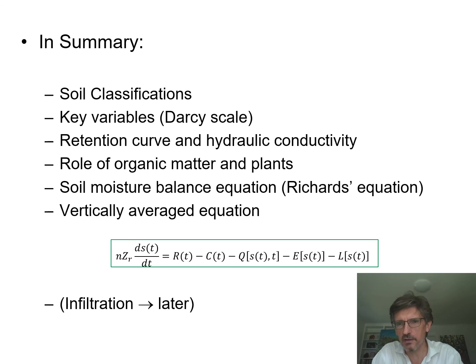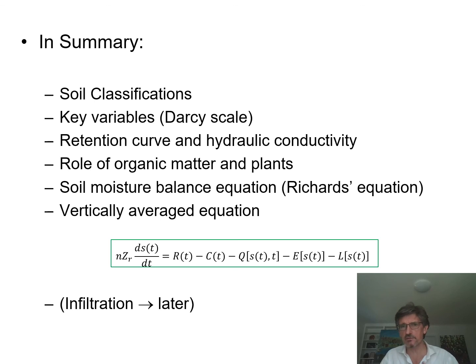And we have seen the two main curves that define the hydraulic behavior of the unsaturated soil: the retention curve, linking the soil matric potential and the volumetric water content, and the unsaturated hydraulic conductivity, that tells us how fast the water moves through the soil as a function of soil moisture. And we've seen the effect of organic matter and plants on them, and we have written the balance equation of soil moisture, Richards equation, valid at a point.